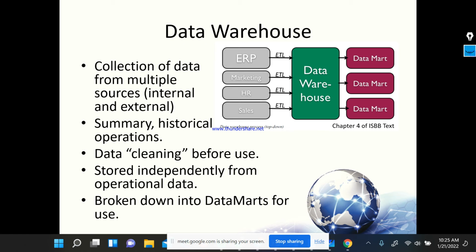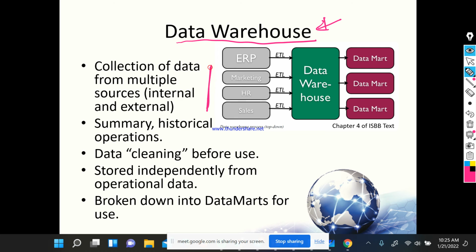Now, talking about data warehouse, it's something new, so take a look at it very carefully. Data warehouse, from 1996, 97, is a collection of data from multiple sources, internal and external. You can see what happens in this warehouse. You have ETL from ERP, Enterprise Resource Planning. You have marketing software, data is coming.